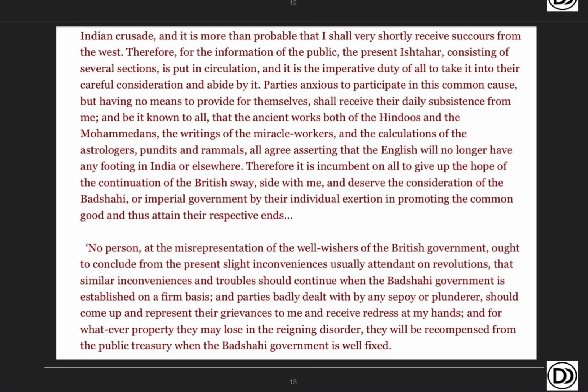the revolt. He also asks the parties to participate in common cause, even them who have no means to provide for themselves, who don't have food, those who don't have resources.